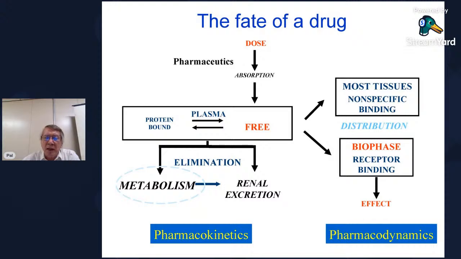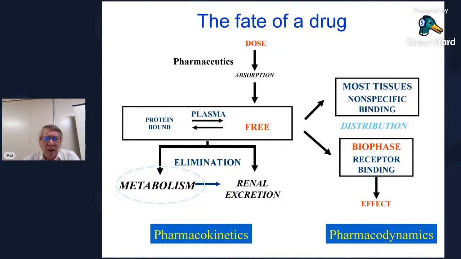And after the binding, we can see the biological effects. Of course, the compound gets into practically most tissues. However, not all the tissues express the receptors. That's why the drug's action, the foreign compound's action, is tissue specific. Of course, the dose which is absorbed should be eliminated as well.